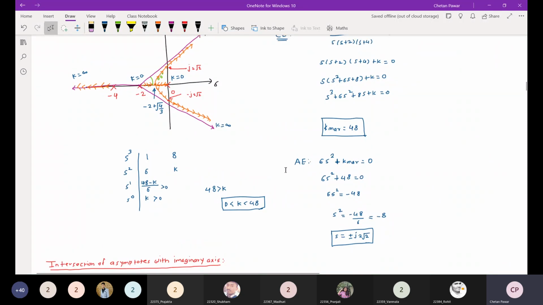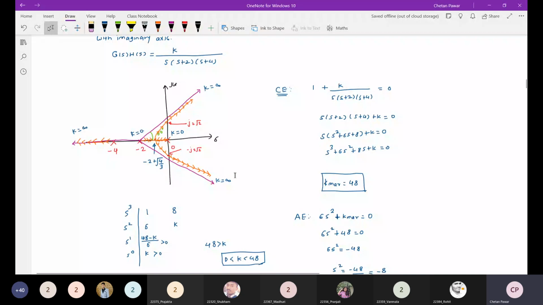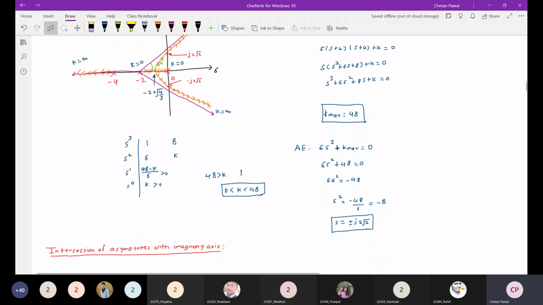To find that particular frequency value, we use the auxiliary equation by inserting the value of K max, and we find that the point at which this root locus branch touches the imaginary axis is plus or minus j 2 root 2. So this is the point.